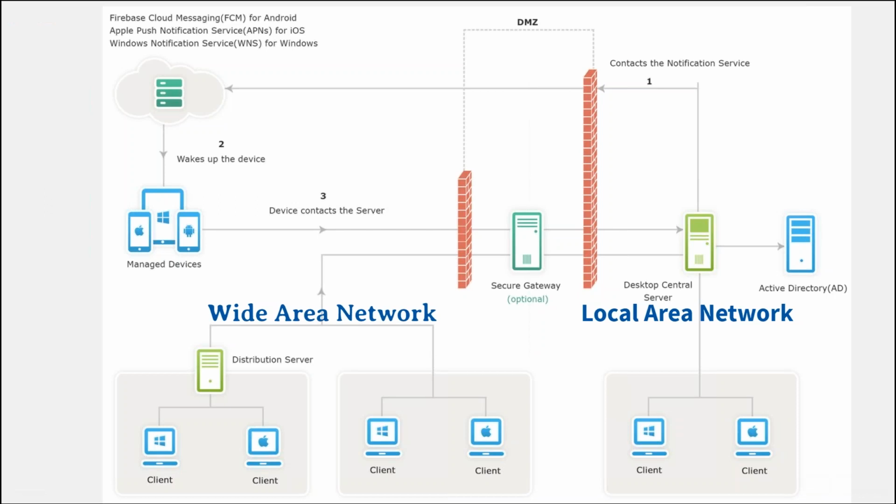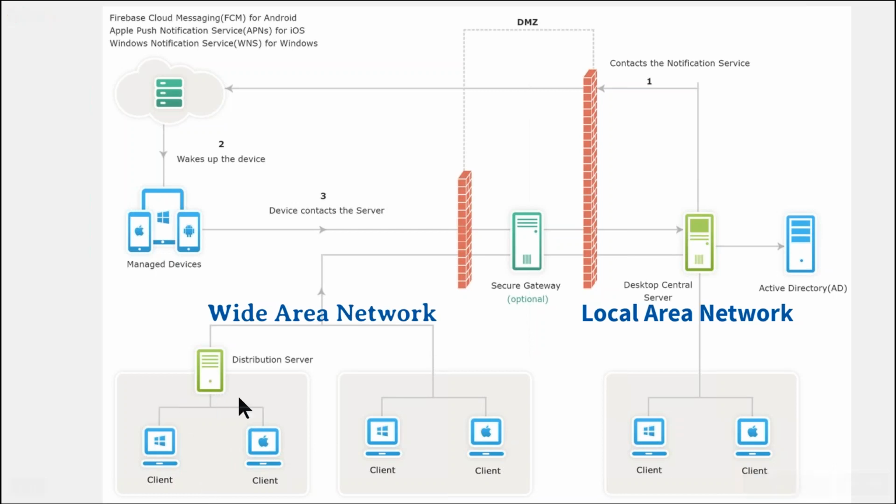All your clients will communicate with your Desktop Central server and pick up the task. If it happens via the wide area network, a lot of your bandwidth may be consumed. So to optimize your bandwidth, the distribution server gets into action. With this distribution server, you can optimize bandwidth to a greater extent, where your distribution server alone will communicate with your Desktop Central server, pick up the deployed task, and have it locally distributed among the remote office clients.